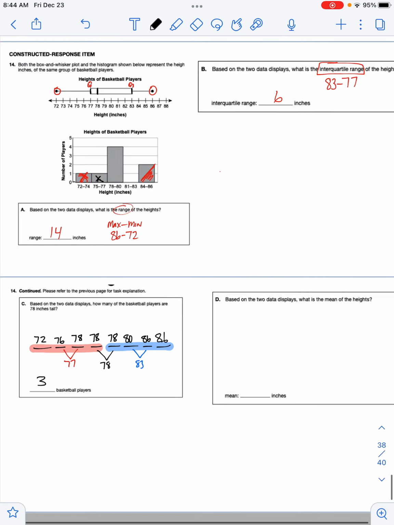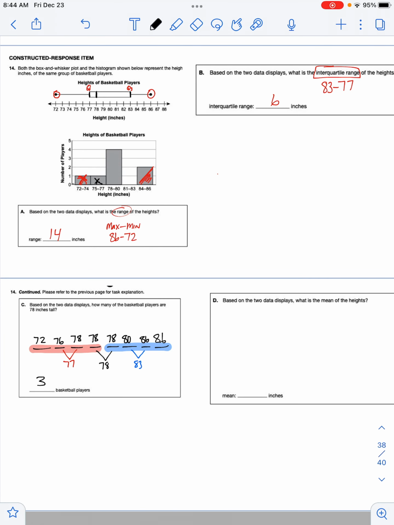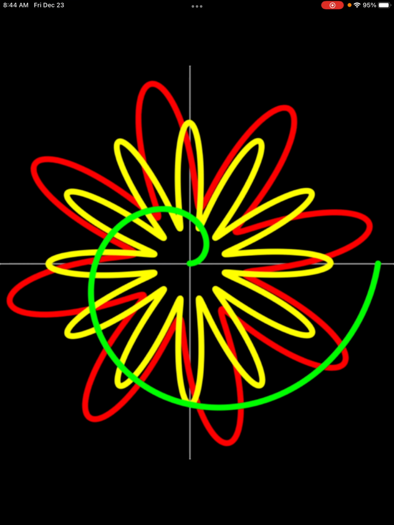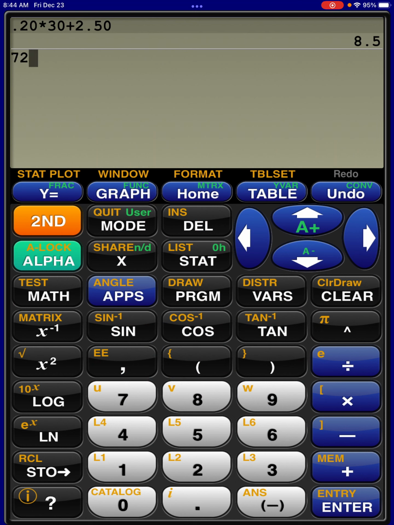And the last question, based on the 2 data displays, what is the mean of the heights? In that particular case, we're adding those 8 numbers up and dividing by 8 to get our average. So I'm going to jump out here to my calculator. I have 72 plus 76 plus 78 plus 78 plus 78 plus 80 plus 86 plus 86.